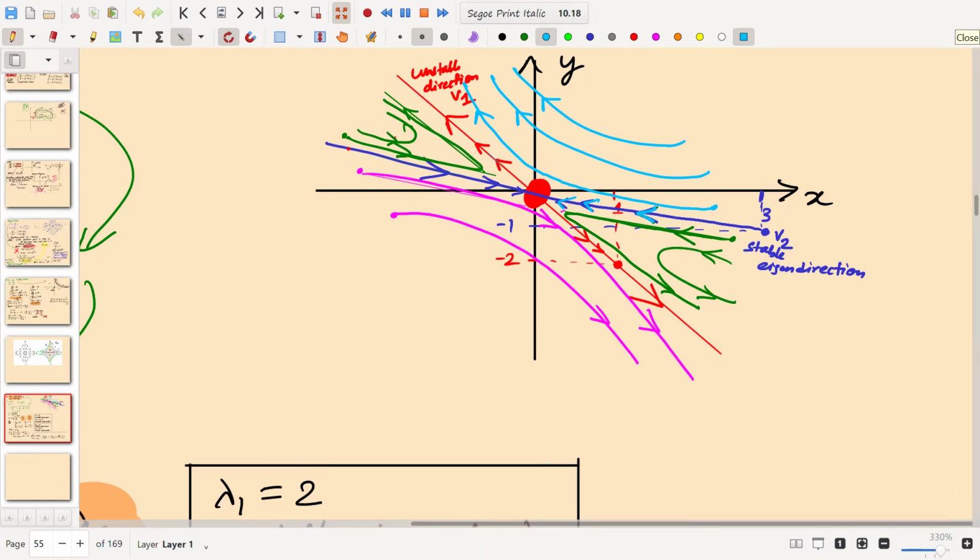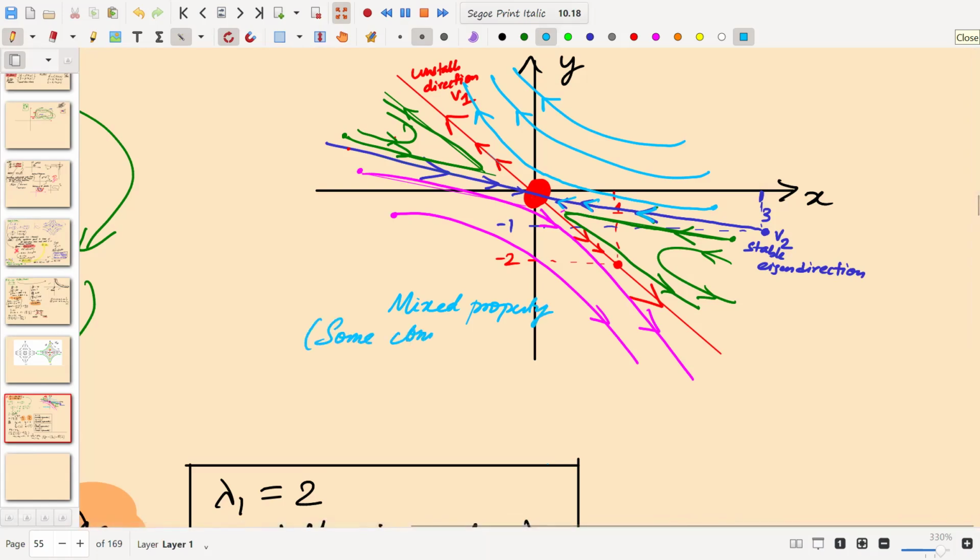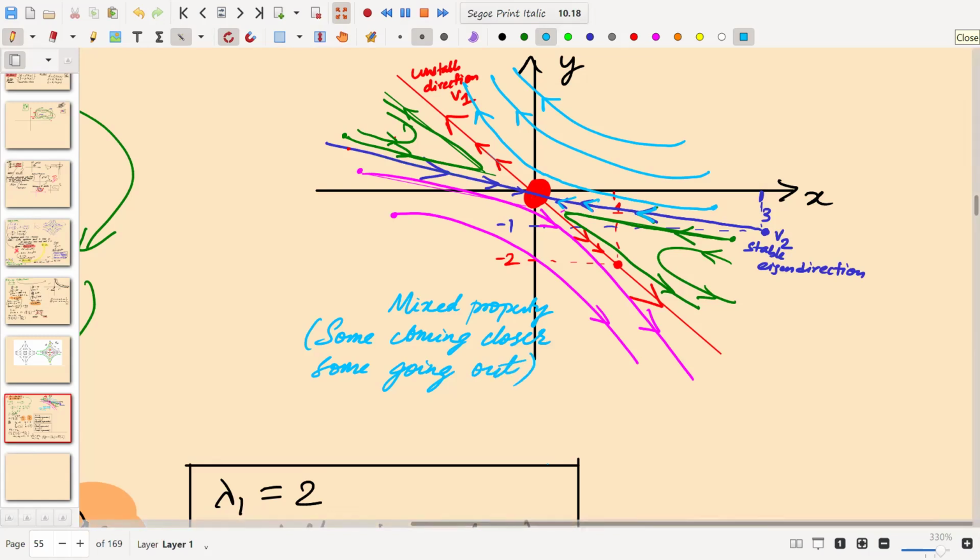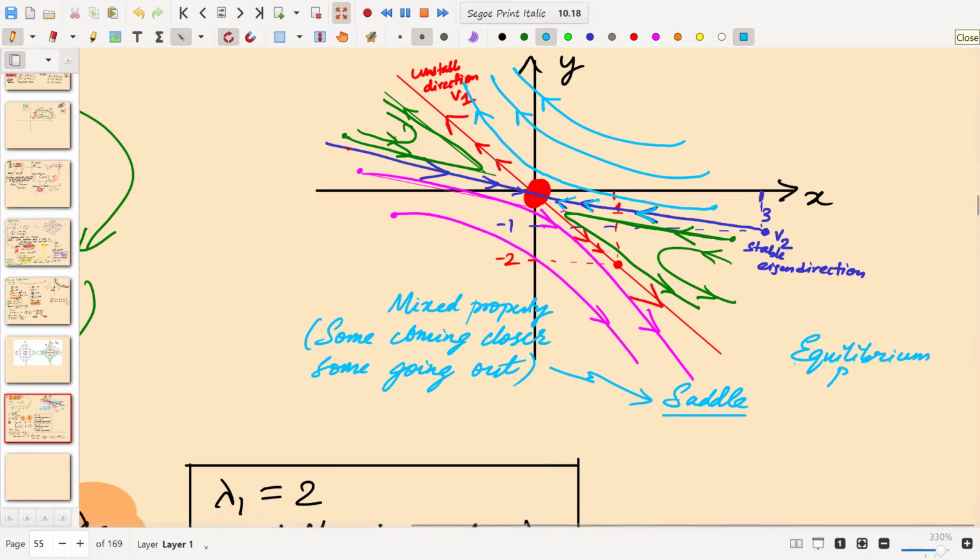This property, coming closer in some directions and going out in others, is known as the saddle property. Therefore, this equilibrium point is a saddle equilibrium point.